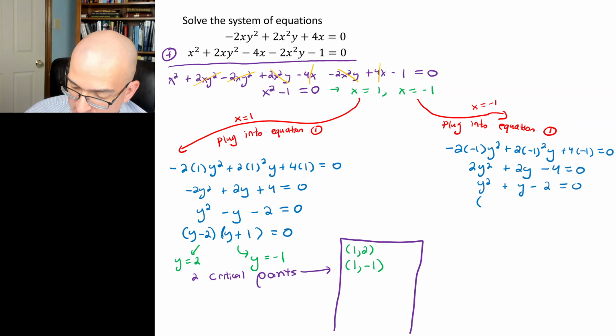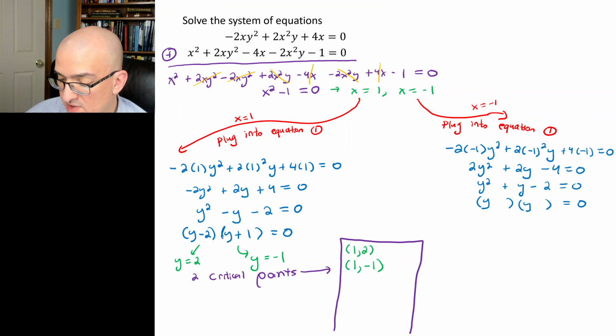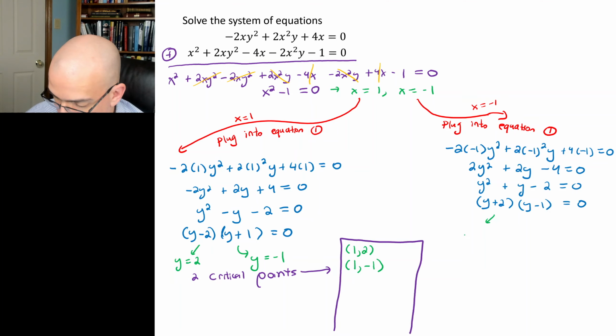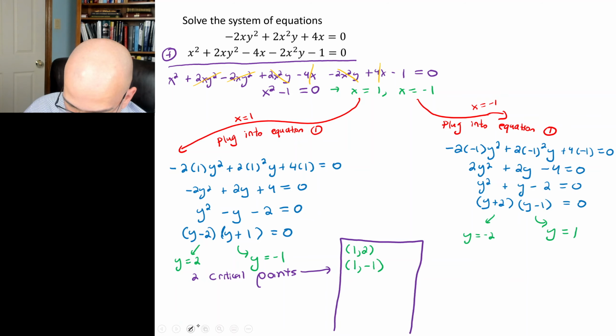We're going to factor it again into two linear terms, or at least we'll try. y and y. I want the numbers to multiply to give negative 2 and add to give positive 1. So this time it's plus 2 and minus 1 as our factors, and this admits two different solutions. y is equal to negative 2 and y is equal to positive 1. So this also contributes two critical points to our box.